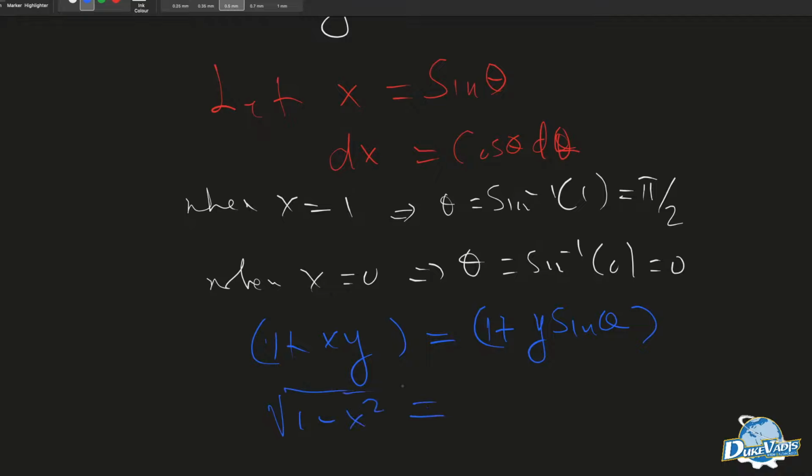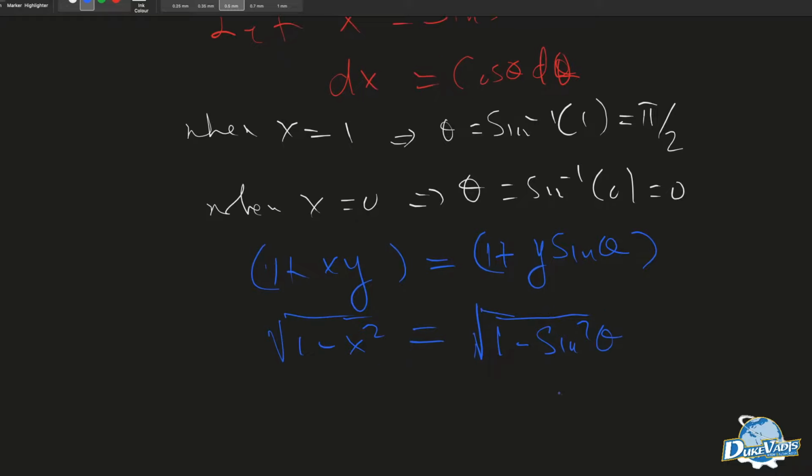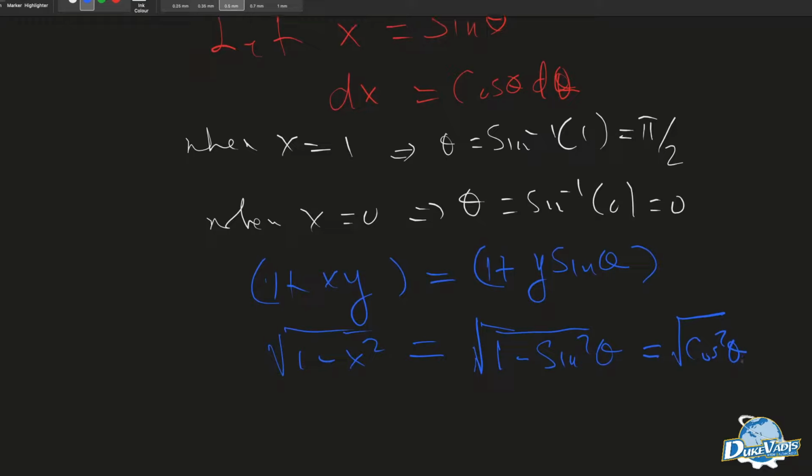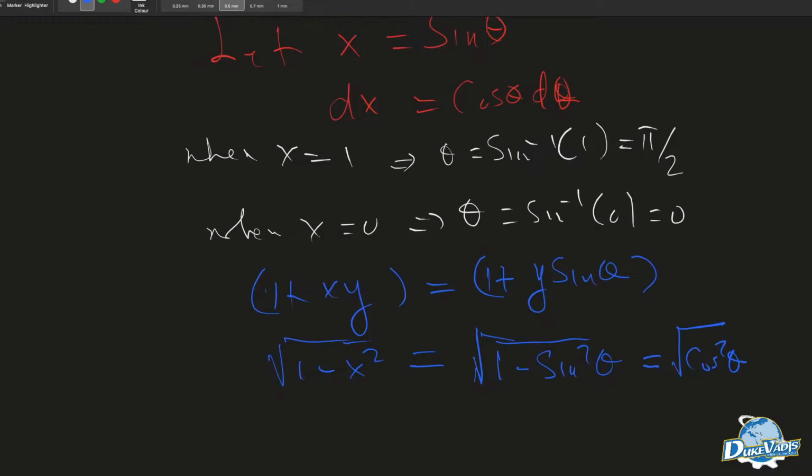When we substitute the sine, we are going to get the square root of 1 minus sine squared theta. Okay, and we know that this is the same as cos squared theta. Therefore eventually that is what we are going to have.